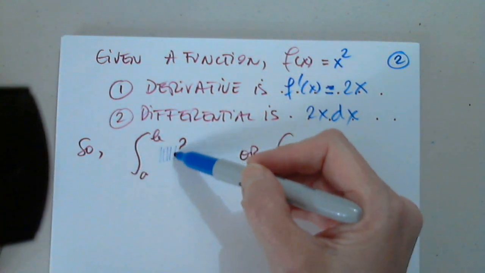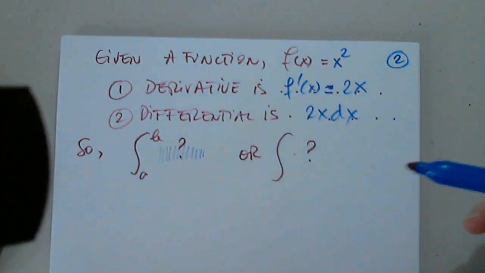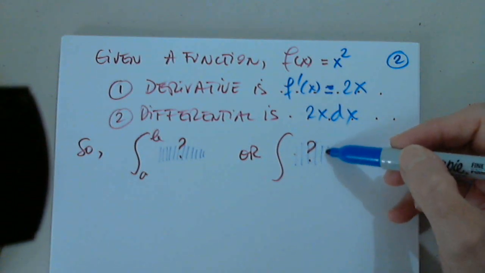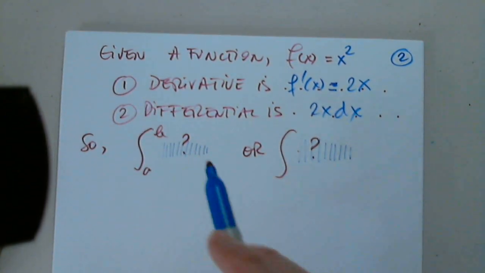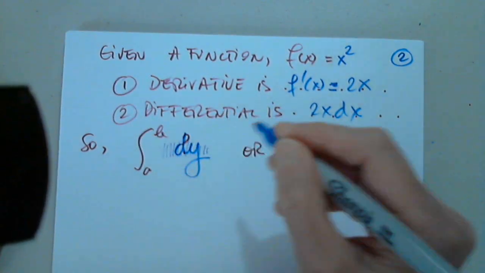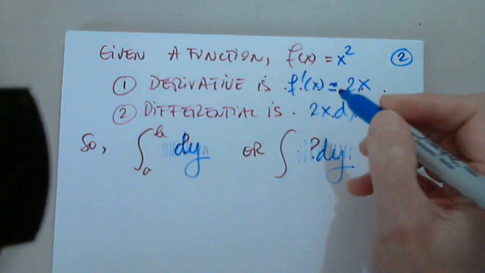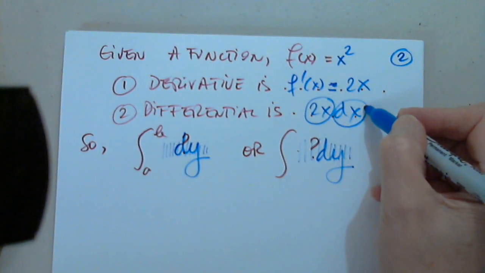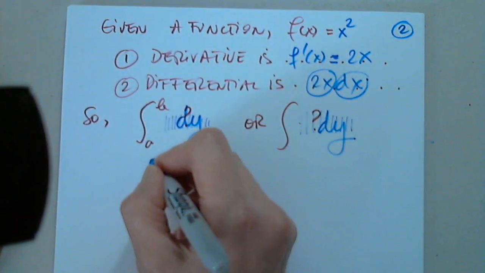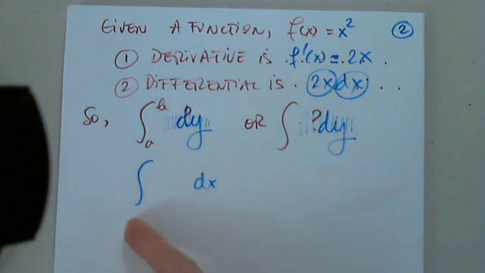So this is a definite integral. What do I have to write here, which is the same as what I write here? They are the same. The differential, yes, this is indeed dy. It's the function times dx. So please remember, no integral exists without d something.